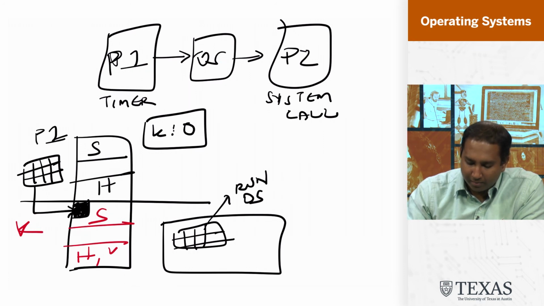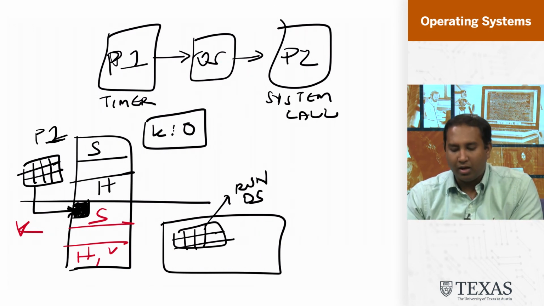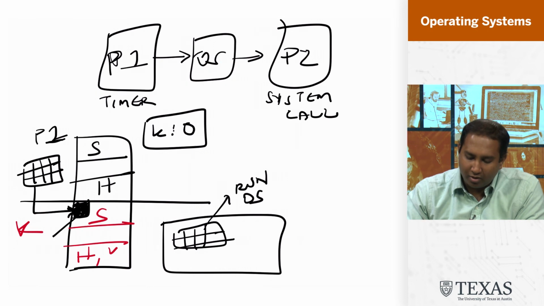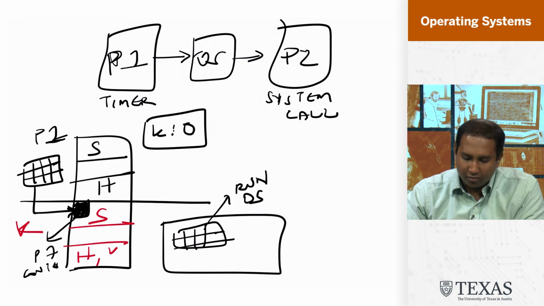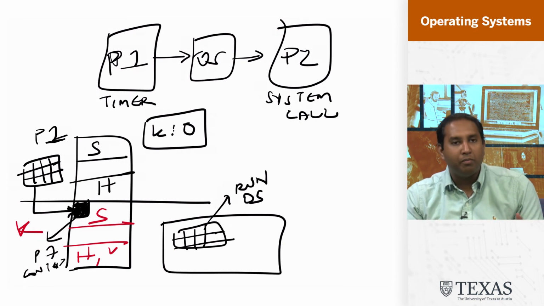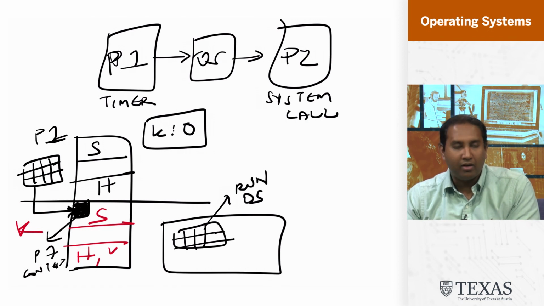Whatever registers P1 was using, wherever the instruction pointer was, wherever the stack pointer was, everything is captured and saved as a context in the kernel stack. Let's call this P1's context. Now this has been saved, the benefit is that we can resume P1 at any point of time. There's not going to be any loss of information. That's done, so now we can run the OS itself.